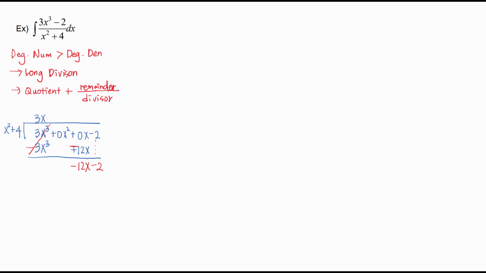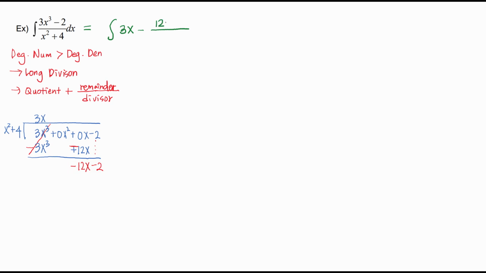So now we can rewrite this integral as the integral of, what is this quotient? It is the quotient 3x, the quotient of the long division, and then my remainder is negative 12x minus 2. So you can think of that as pulling out the negative in front of a fraction.